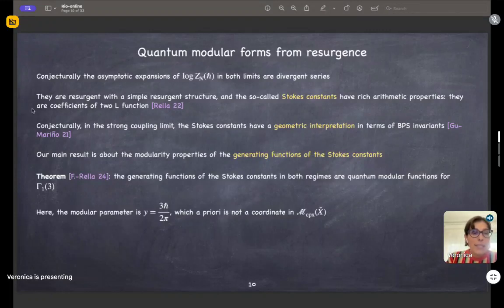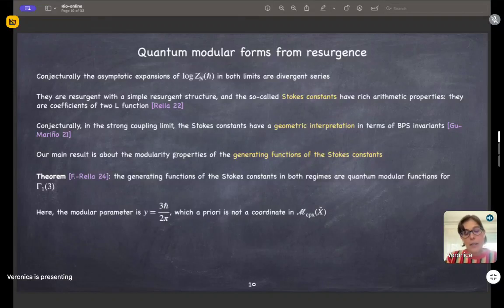In particular, the resurgence structure, which is a way to extract this non-perturbative correction, has been computed exactly in the work by Claudia. She found that the Stokes constants, which you should think of as a sort of invariant associated to these traces, have a rich arithmetic structure. In particular, they are coefficients of the Euler function that will arrive at some point.